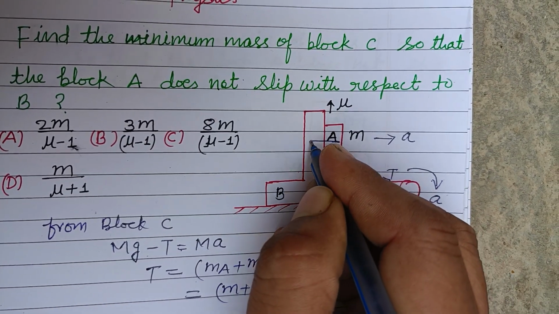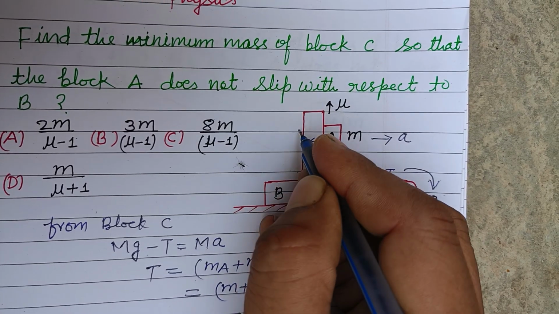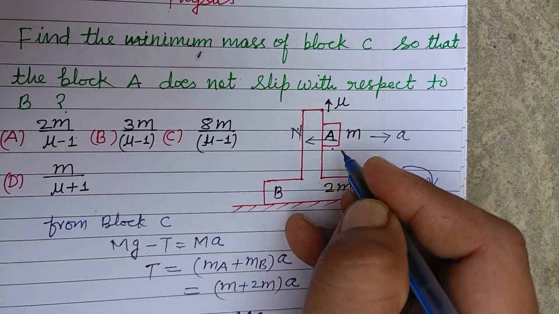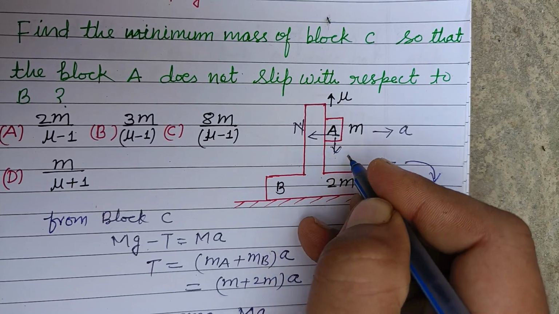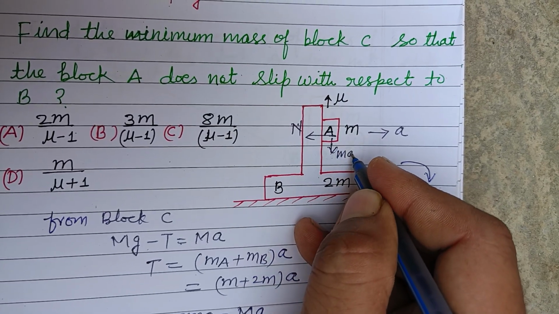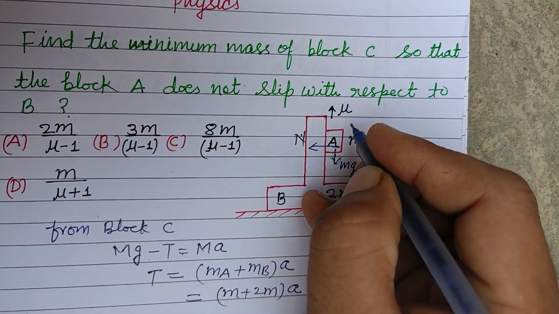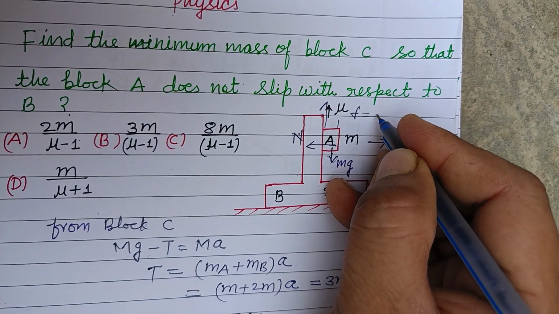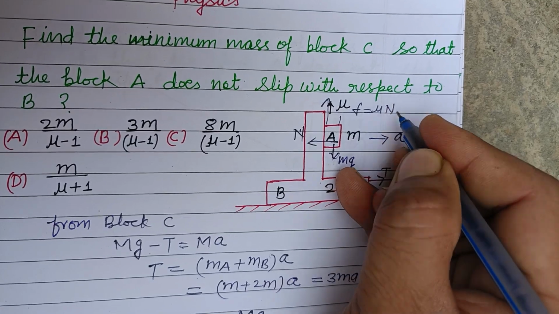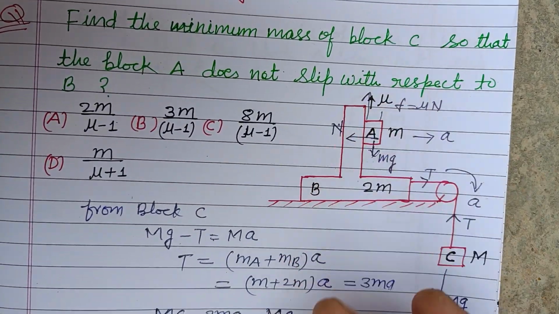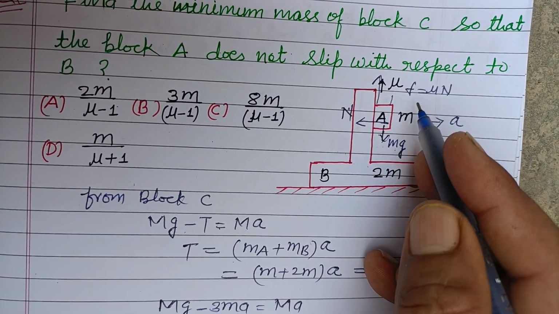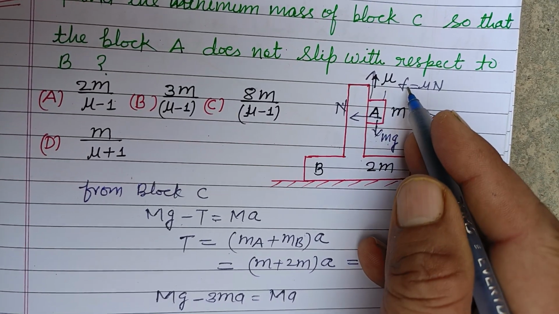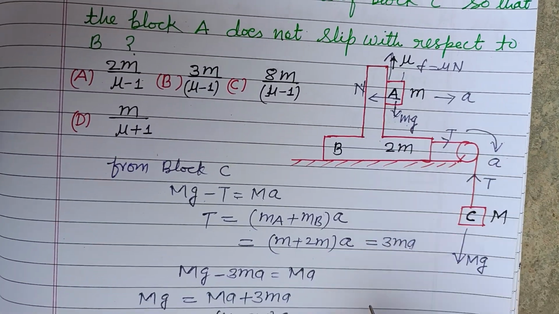So its normal reaction is in this direction, which is N, and the weight of this block works in the downward direction, and a frictional force F equals mu N works in the upward direction, which balances this weight.